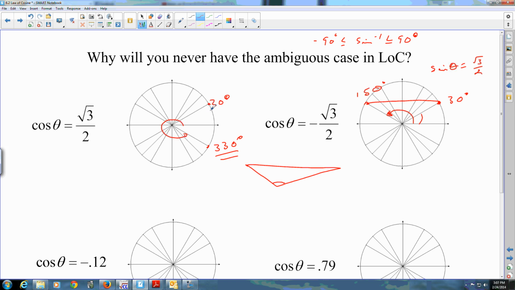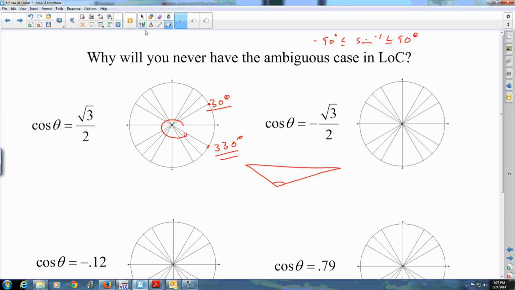So there's only one answer to this question that makes sense within the context of a triangle where this is going to be true. You're not going to have an ambiguous case, because 330 degrees ain't fitting in a triangle. This next one, let me get rid of this.